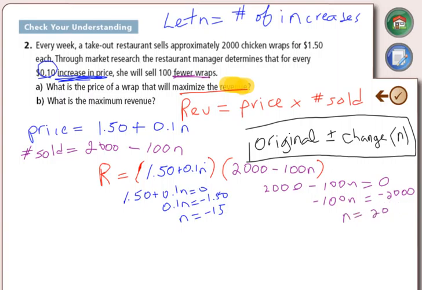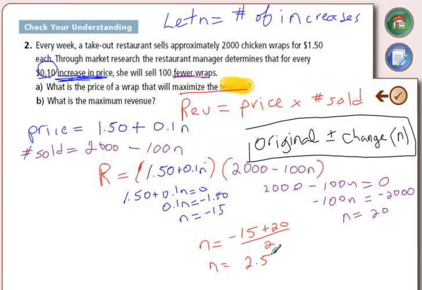Finding out our x-coordinate of the vertex. Negative 15 plus 20 divided by 2. n is equal to 2.5. But wait a minute. Nowhere does it say that we're allowed to do 0.5 of an increase. So we have to make an assumption here that we're only able to increase by whole numbers.